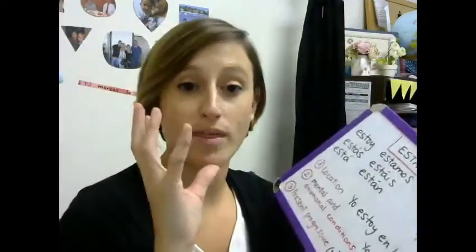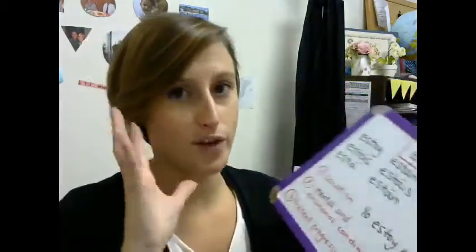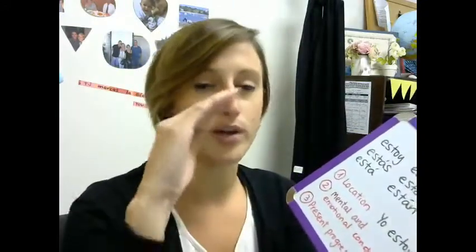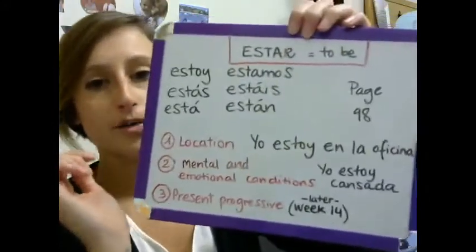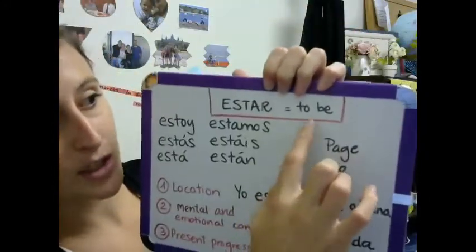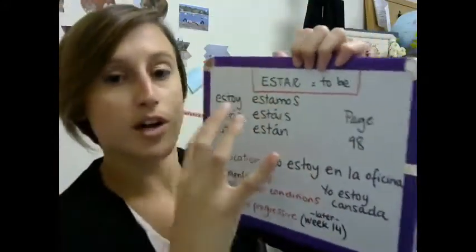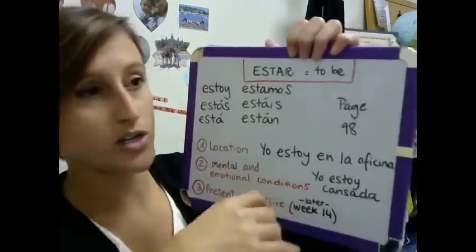The verb ser is the one that we learn at the beginning of the semester, the first verb that we cover. If you don't remember, go back and look at the conjugations. But first, let's look at this verb because it means the same, to be, but we use it in different situations.